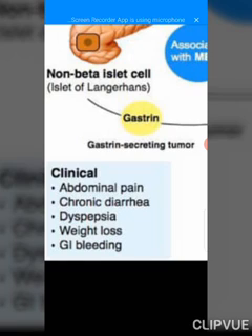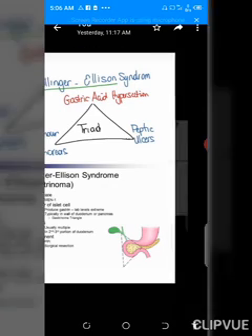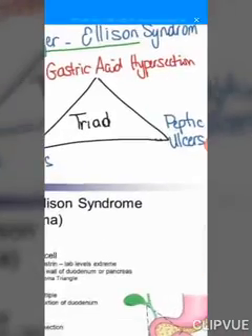Because of the ulcer in the small and large intestine, the person will not absorb much food and may have malabsorption syndrome, then weight loss. Then the person will bleed because of the ulcer. The general feeling of unwellness that has to do with the GIT is what we call dyspepsia. So those are the symptoms of Zollinger-Ellison syndrome.